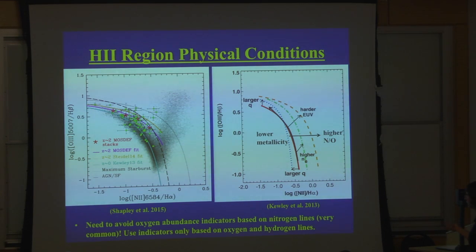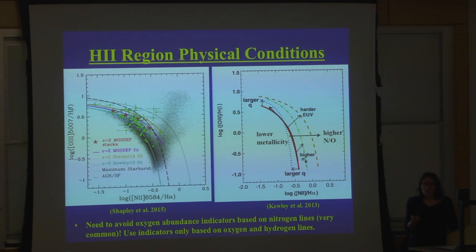But it actually seems like for now, we should avoid these oxygen abundance indicators based on nitrogen and use only indicators based on oxygen and hydrogen, which we've actually been collecting. So that seems to be the way forward. And one thing that was super heartening, and I'm basically done, I just want to show you a couple of other things really quickly, was everything that I've shown you so far at redshift 2 has been based on just these patterns of strong emission lines.